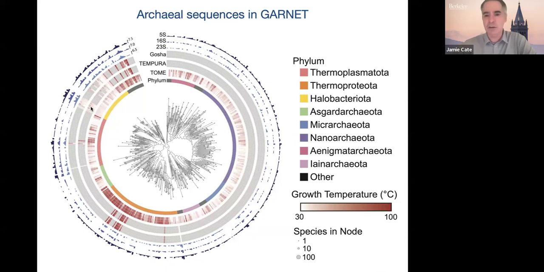Using this machine learning model, we can now have predicted temperatures all the way around the archaea, including identifying what could be new thermophilic organisms that hadn't been appreciated before, like over here, for example. So this is a very useful database from that perspective.